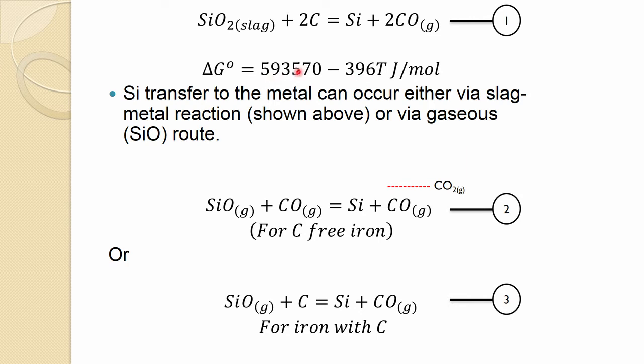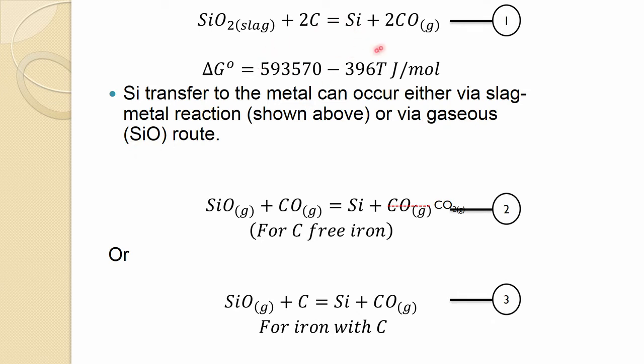So, because of this endothermic nature of the reaction you need high temperature. Silicon transfer to the metal can occur either via slag metal reaction shown above, or via gaseous route.